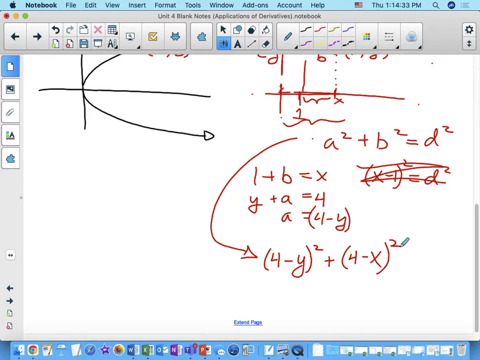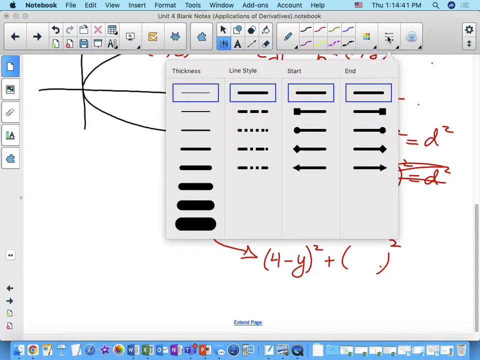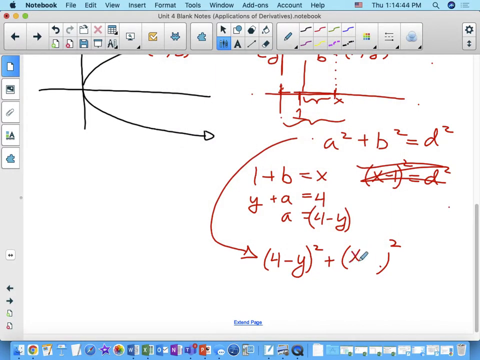No, x minus 1. Thank you. There we go. Equals d squared. Okay, now this is looking a lot better, getting a lot closer, because now I have this equation that relates this distance that I want to minimize to the point x and y.